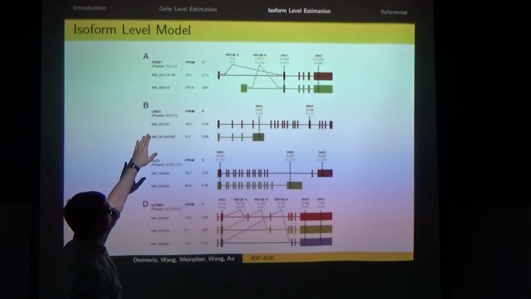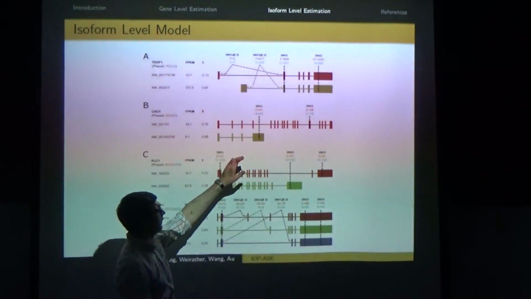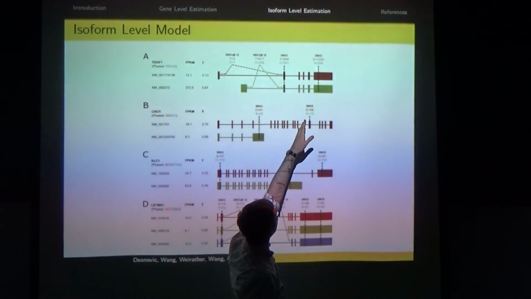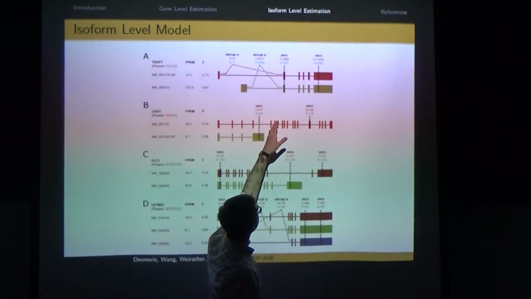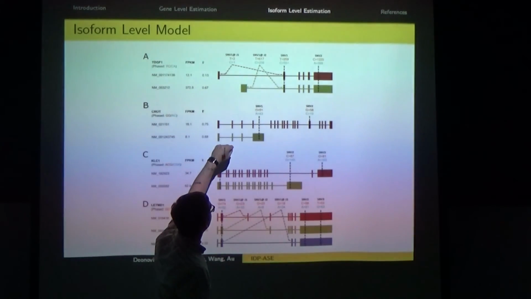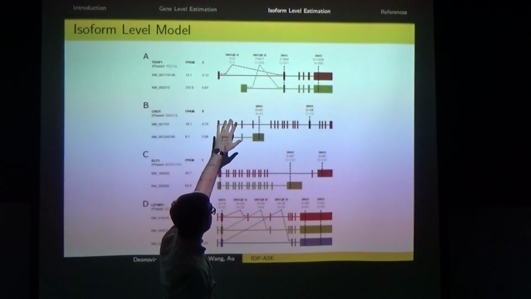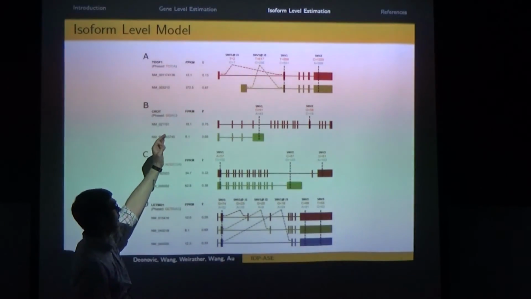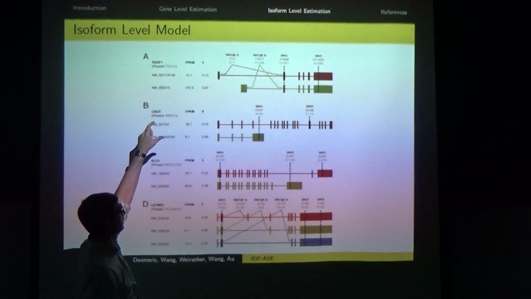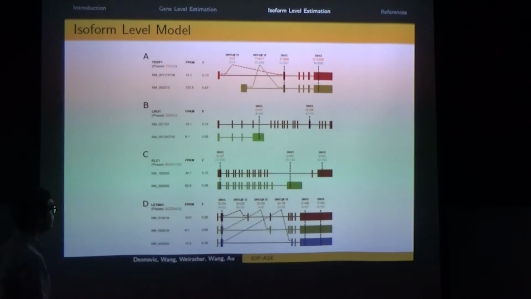On the top here, we have a variant that's shared between these two isoforms, another variant that's shared between these two isoforms, but we have reads that are able to distinguish because they map to junction regions, and we're able to distinguish these two isoforms.